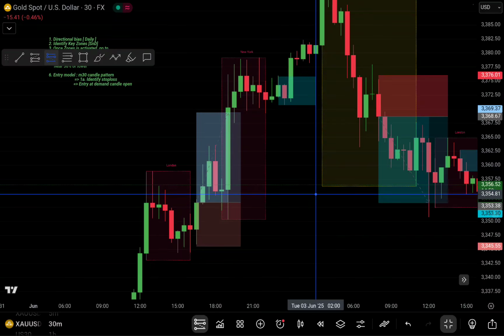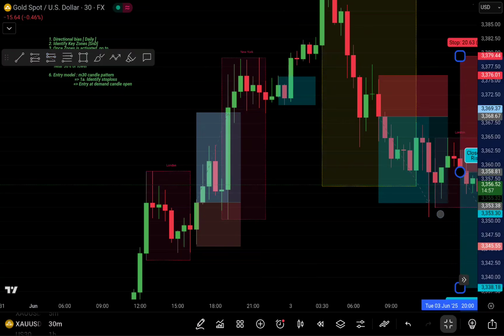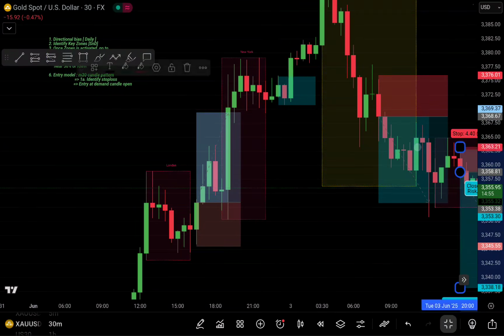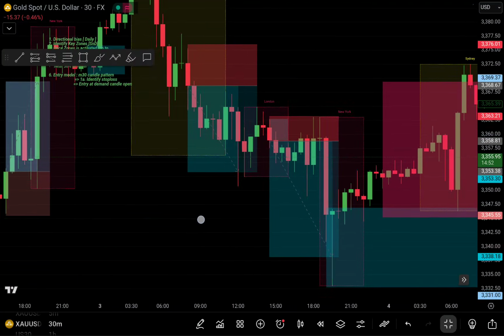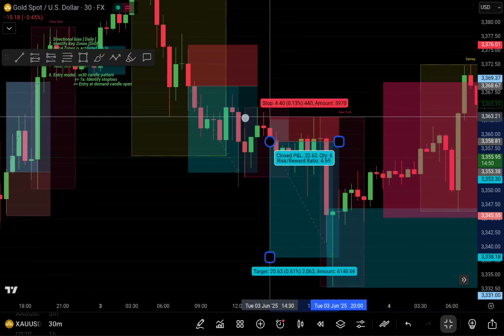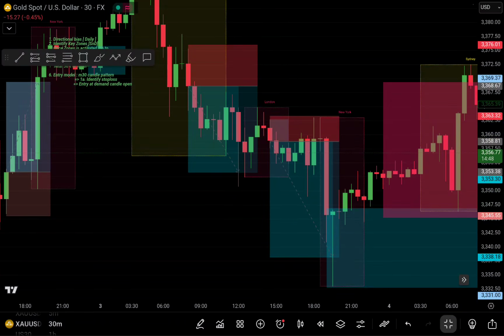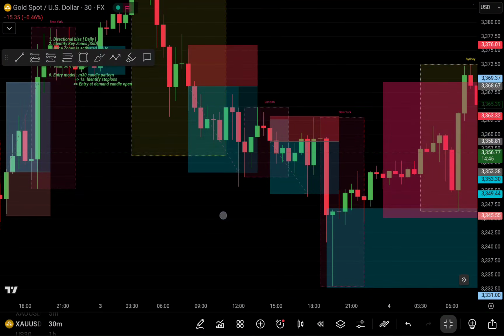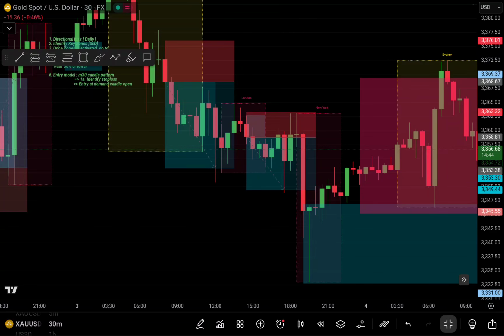So if you enter right here, stop loss right above, and oh my god, see, I don't know if you will be in this trade or not, but this is how it played.